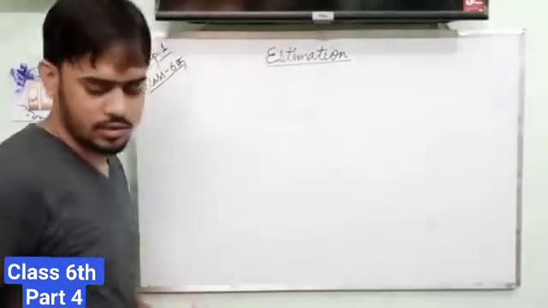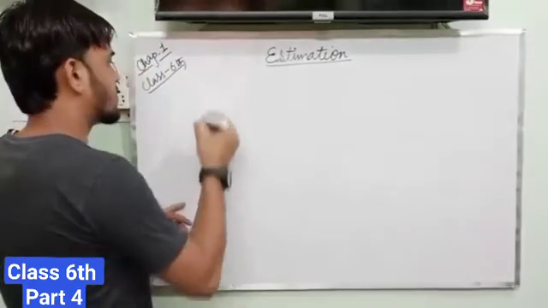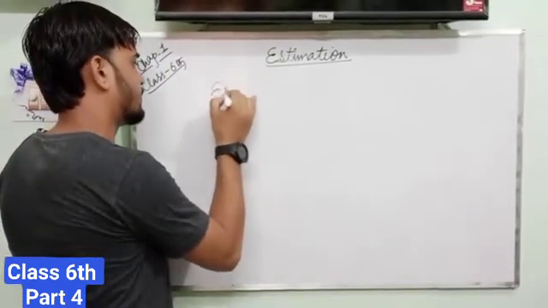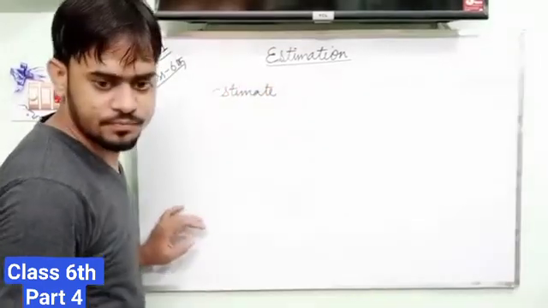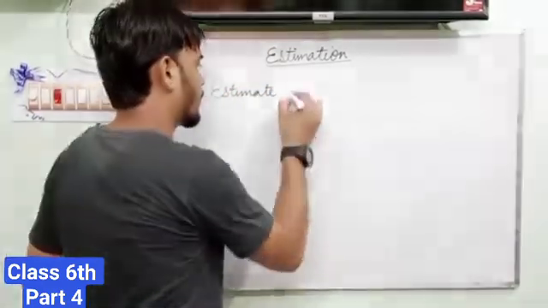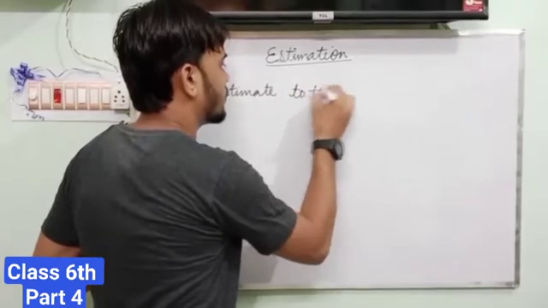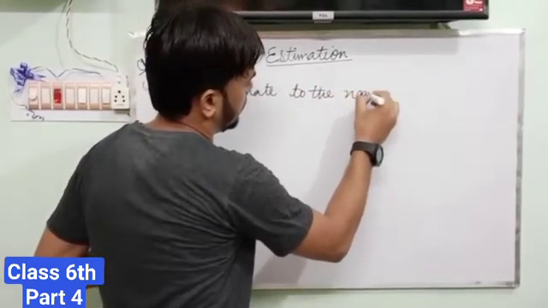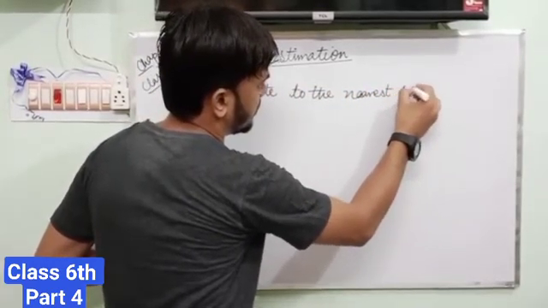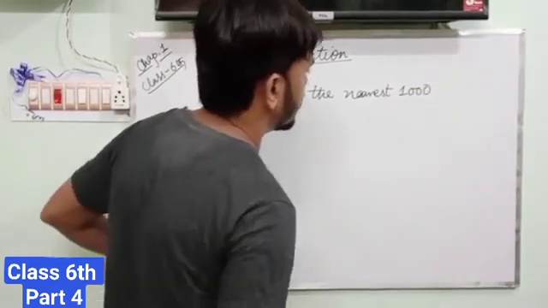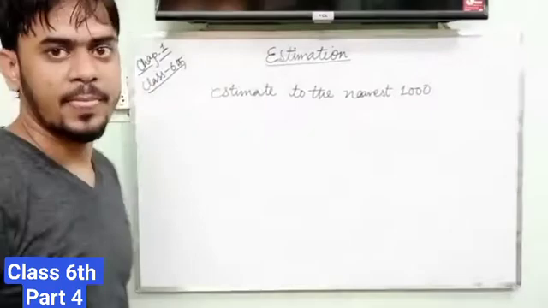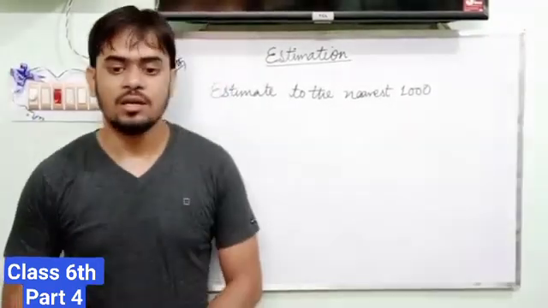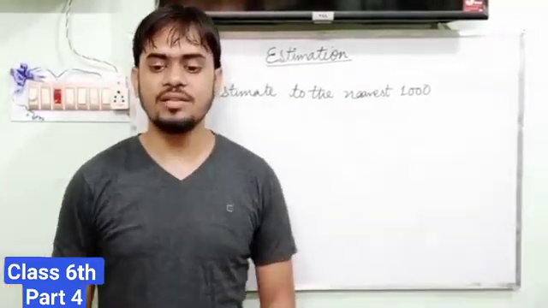The next is estimating to the nearest 1000. You have to follow the same process. First step, you have to examine the digit at the hundreds place.